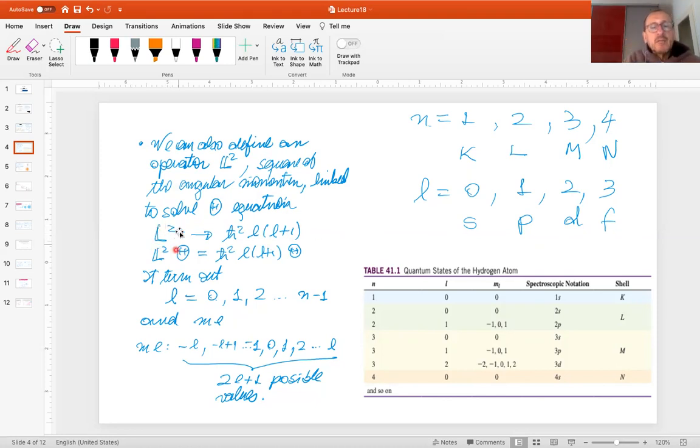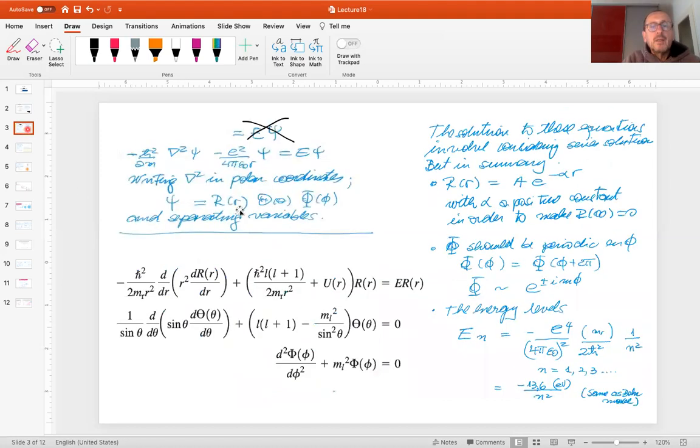In the way that I can write an operator for kinetic energy and an operator for linear momentum in terms of complex derivatives, let me go back here.